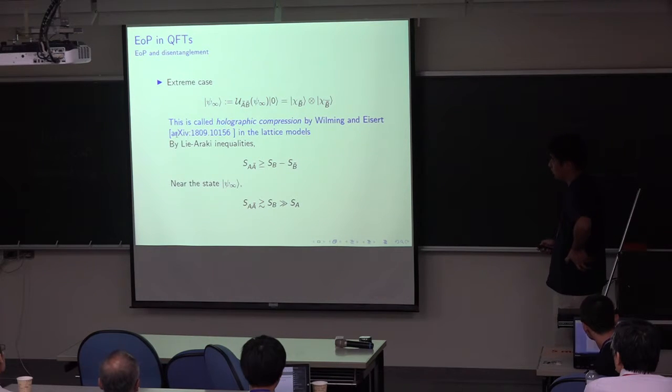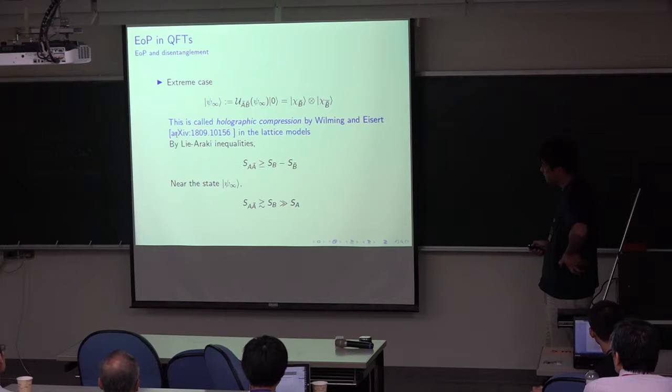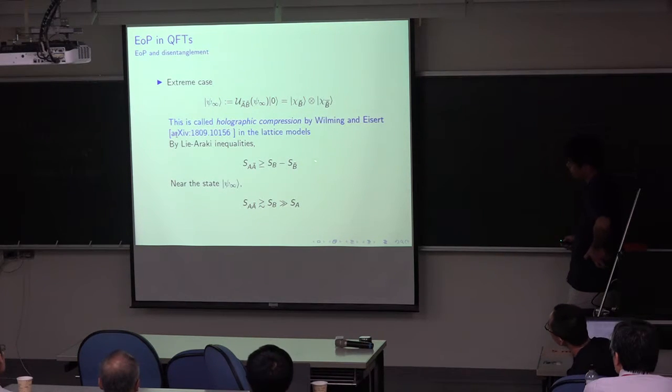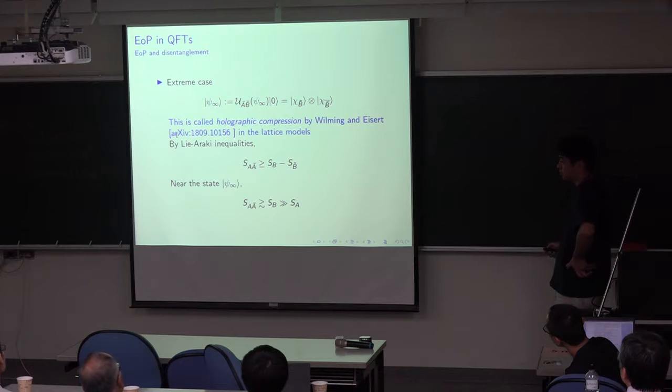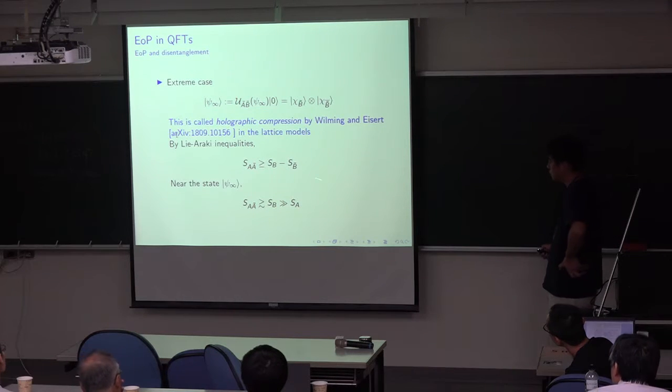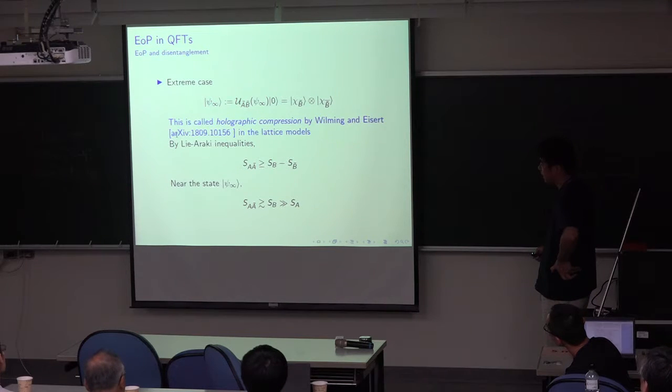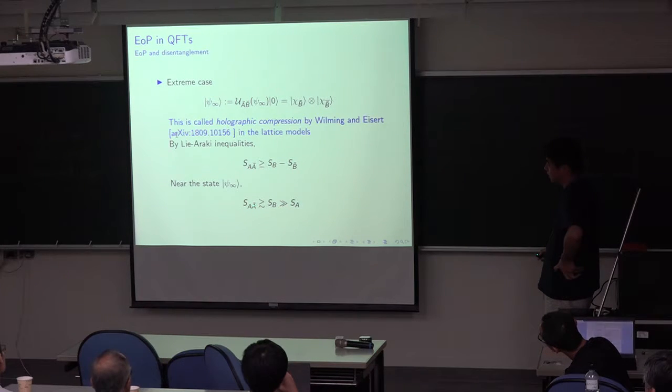Let's consider we can use the Araki-Lieb inequality, and because the state is still pure, S of A and A2 equals S of B and B2. So we can use this inequality, and we see that near this state, we will find that S of A and A2 is much larger than SA.